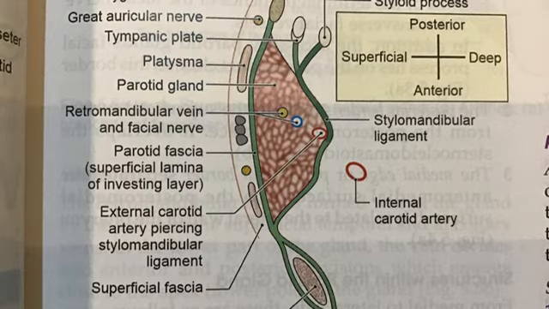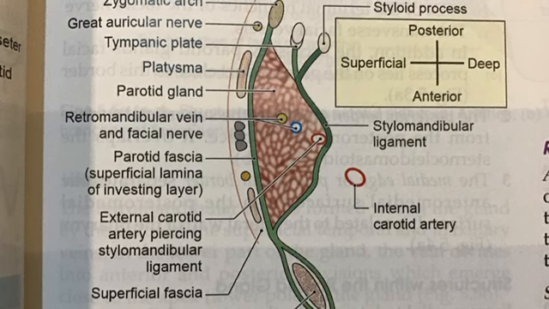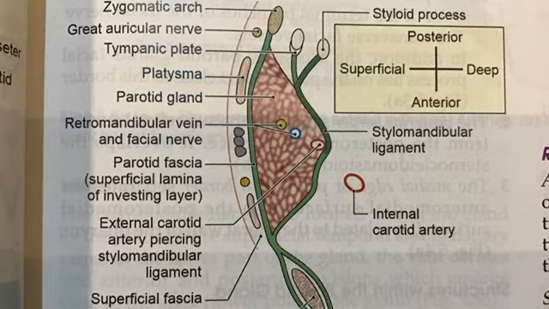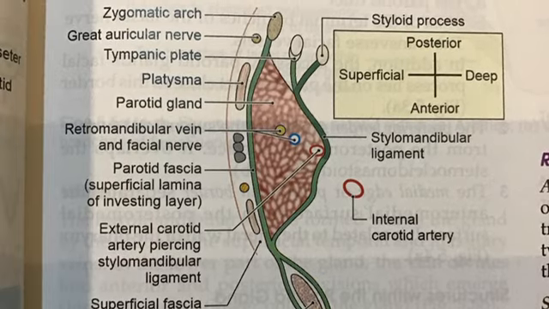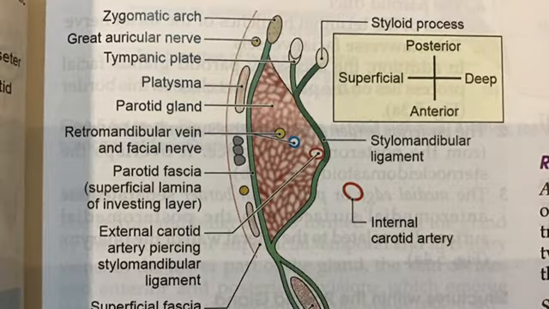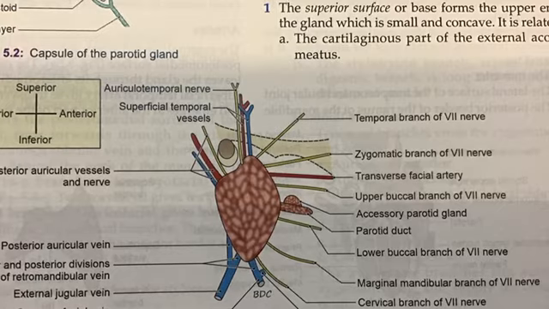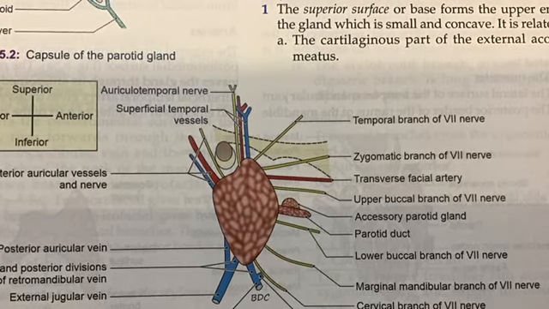Then you see the parotid fascia, with the platysma muscle above that, and the parotid gland contains the facial nerve, superficial to the retromandibular vein. These are the structures that arise at the periphery of the parotid gland. Anteriorly, you can see 5 branches from the facial nerve.